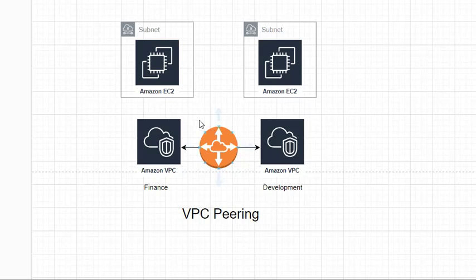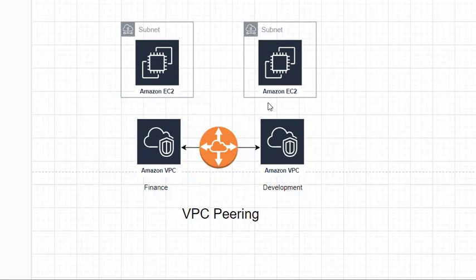Currently we haven't provided this, so for this lab I already created the development VPC as well as the finance VPC, the development server as well as the finance server, and these subnets for you. In this lab we're going to create a VPC peering and provide the connectivity between them.